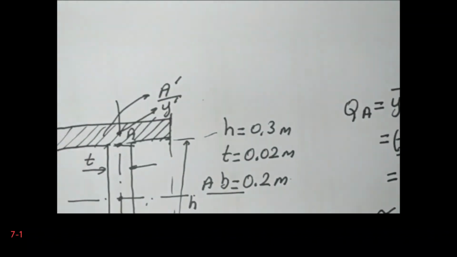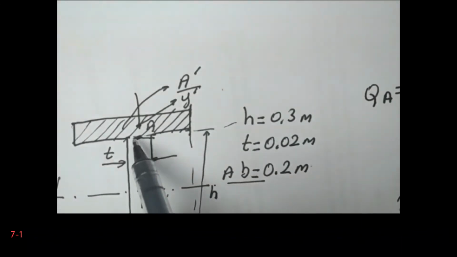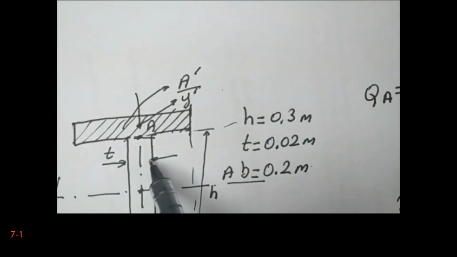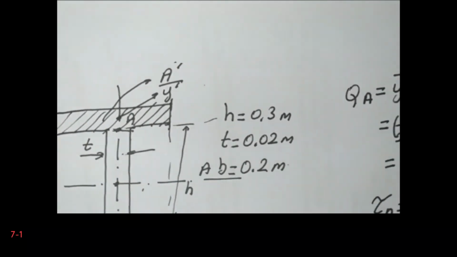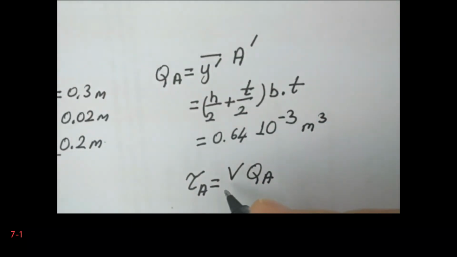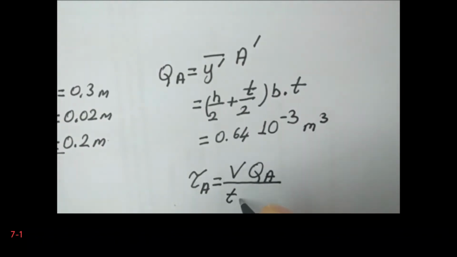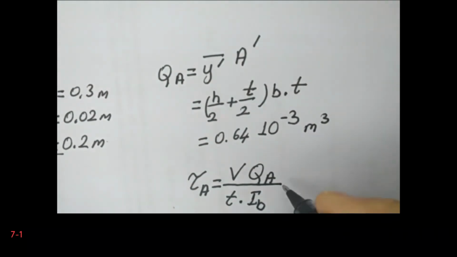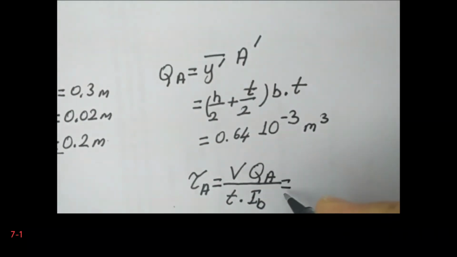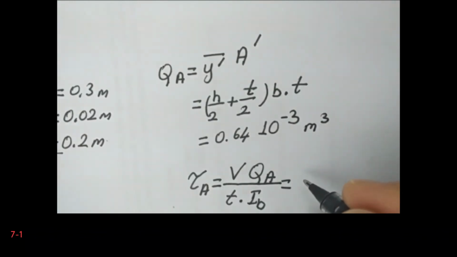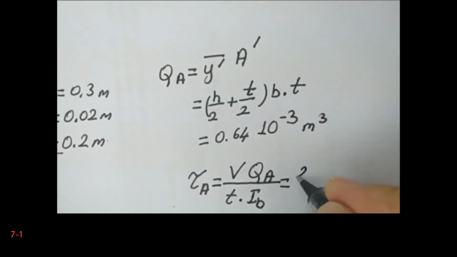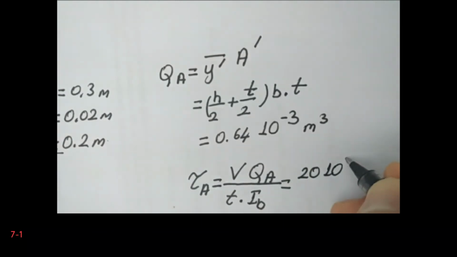Now we are asked for the shear stress on the web, and the thickness of the web is T. Multiplied by the bending moment of inertia. Now let's put the values. V is 20 kilonewtons, it is 20 10 to the power 3.